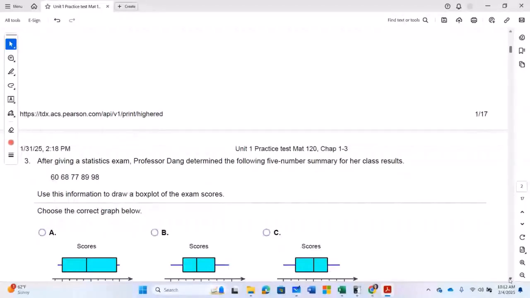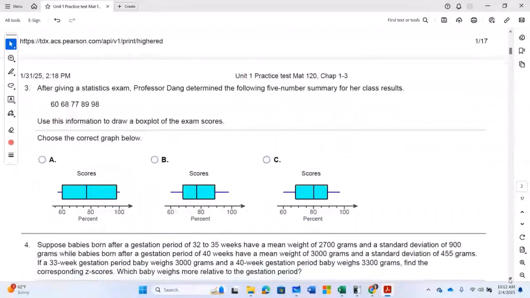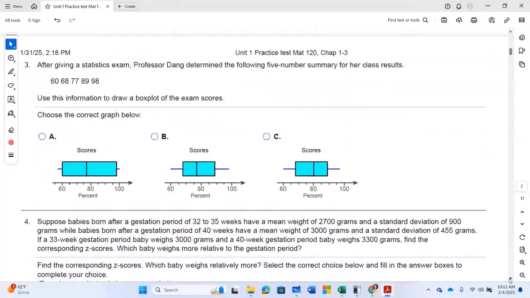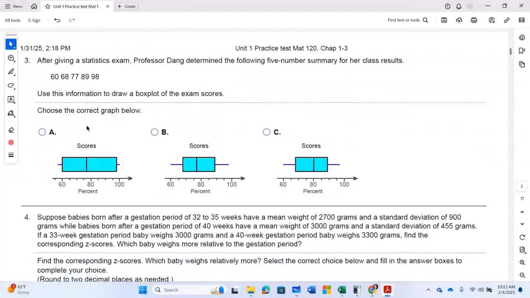Question. Let's make sure we already know how to do this. After giving a statistics exam, Professor Dang determined the following 5-number summary. Use this information to draw a box plot. So the maximum number in that data is approximately 98.